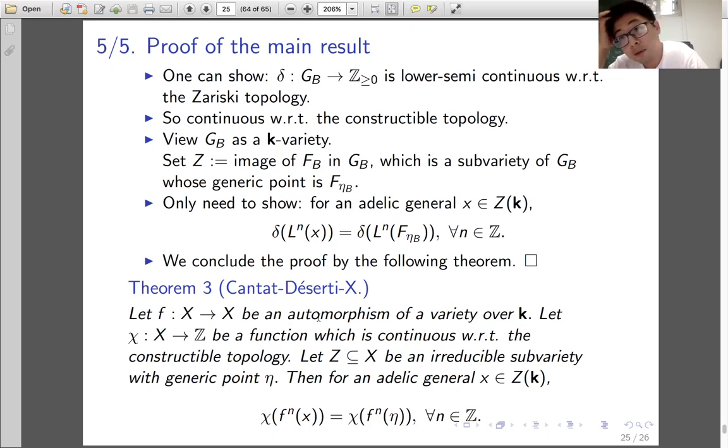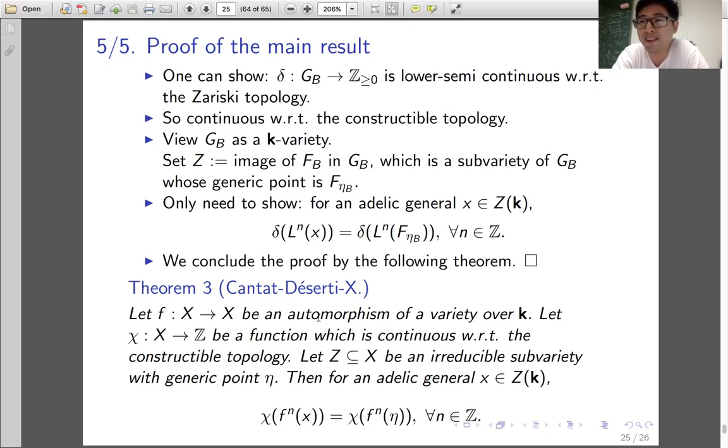So I'm not so sure whether it is interesting to think of the adelic topology as a topology.